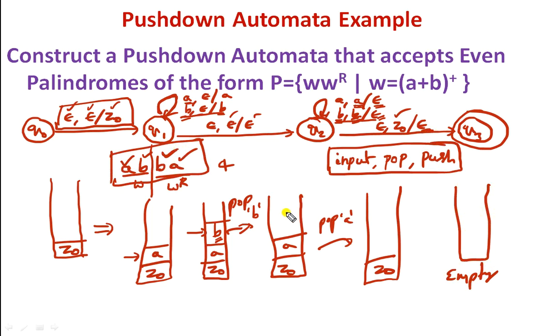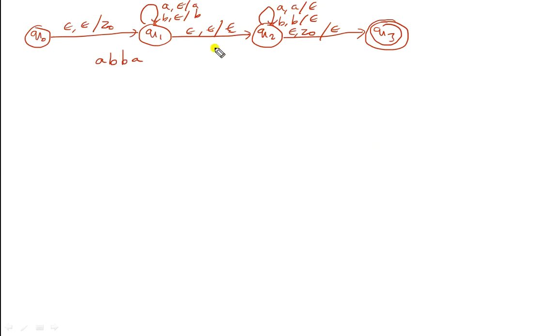However, here the million dollar question is how the computer is going to recognize whether midpoint has reached or not. So for that purpose, let us see how we are going to consider the traversing of the string. So this is a transition diagram for the language P is equal to W W power R such that W belongs to (A plus B) whole positive closure.